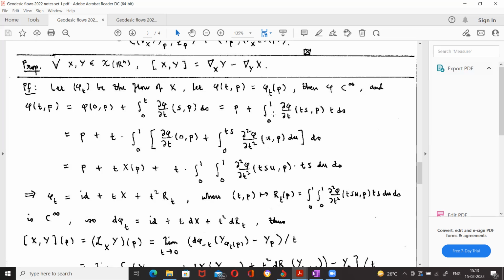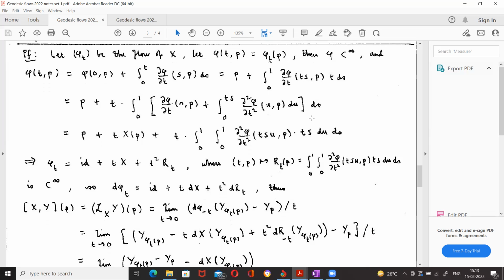So this becomes the integral from 0 to 1 of ∂φ/∂t (ts, p) times t ds. I just made a linear change of variables here. My new s is the old s divided by t, so that the interval 0 to t becomes the interval 0 to 1.